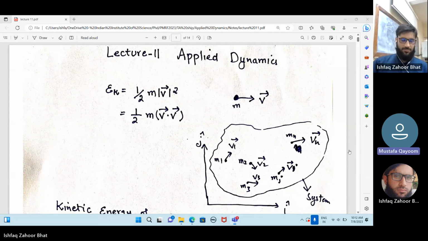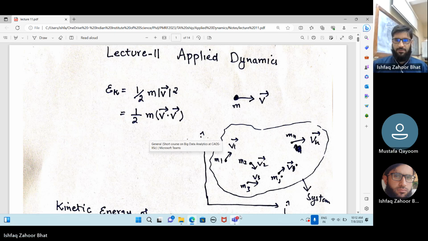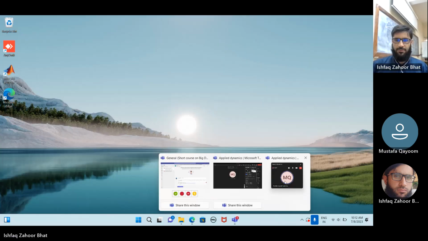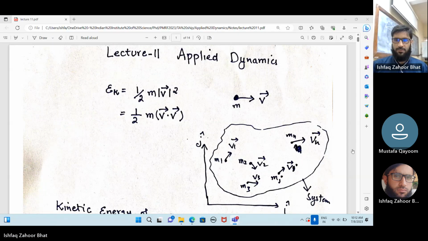Applied dynamics, kinetic energy. Okay. So in the previous lecture, we derived the equations of motion of a pendulum using maximal coordinates.